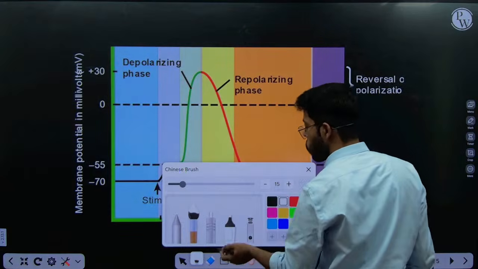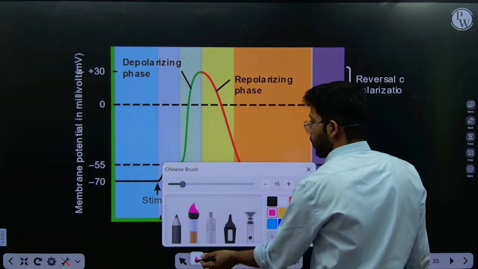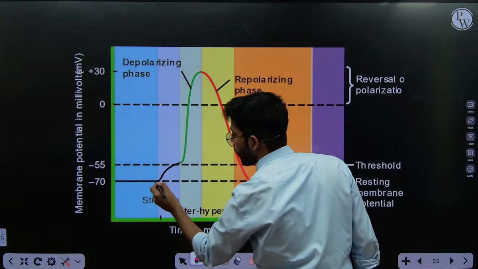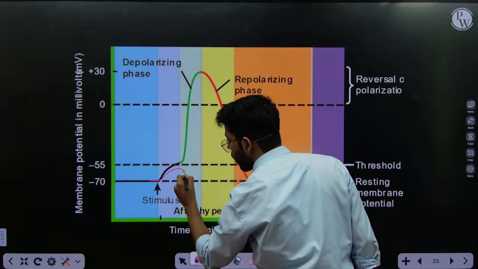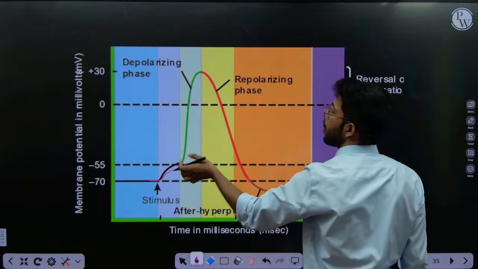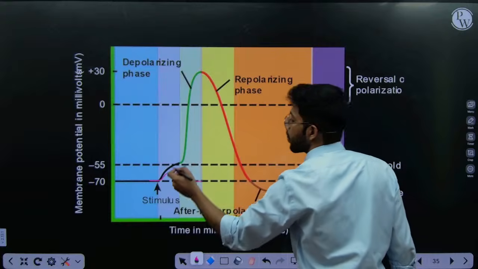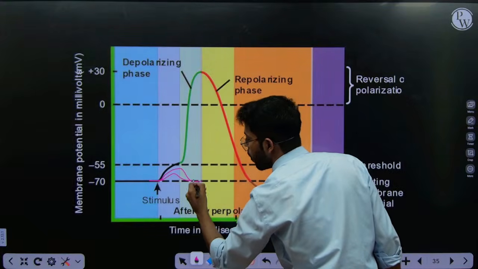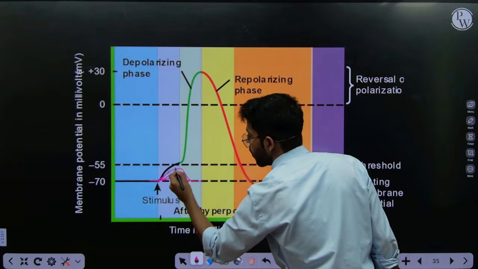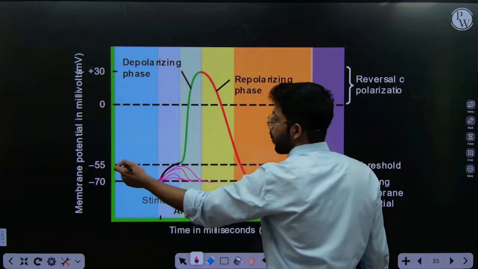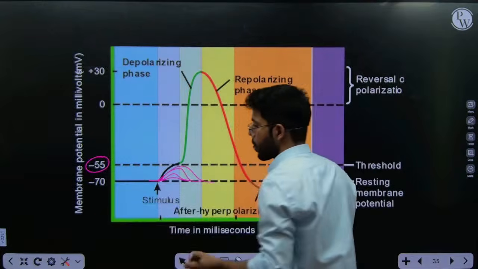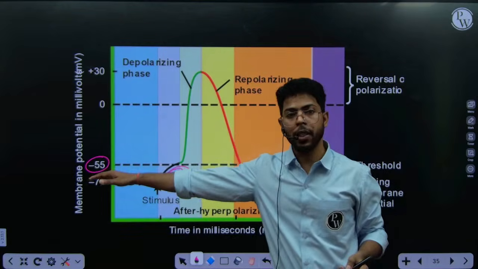If there is a low stimulus, it will not reach the depolarizing phase. So it is mandatory to reach up to minus 55 millivolt.